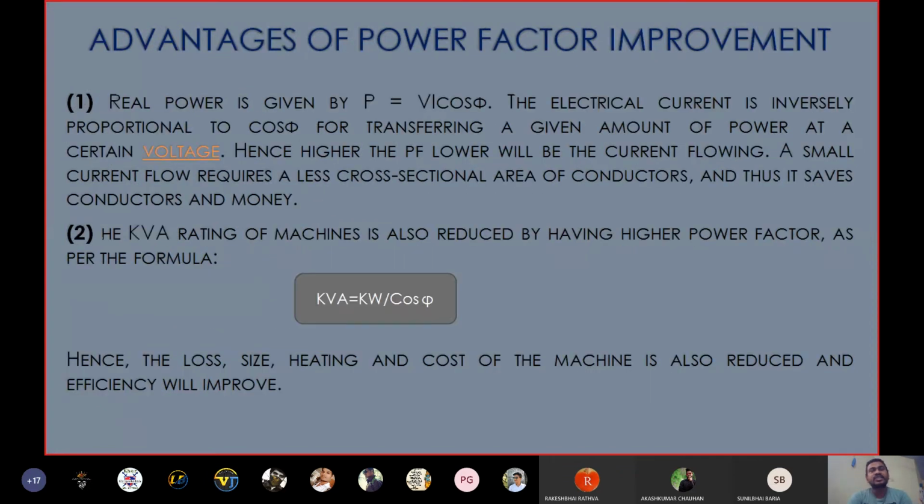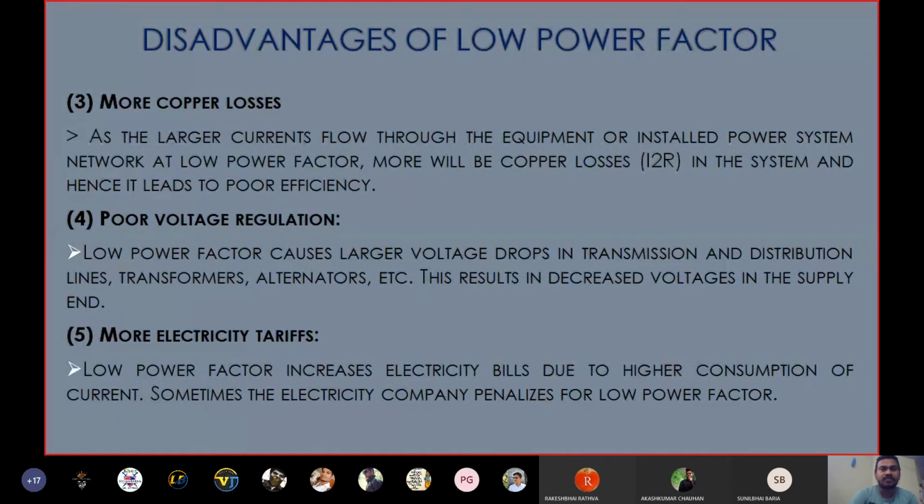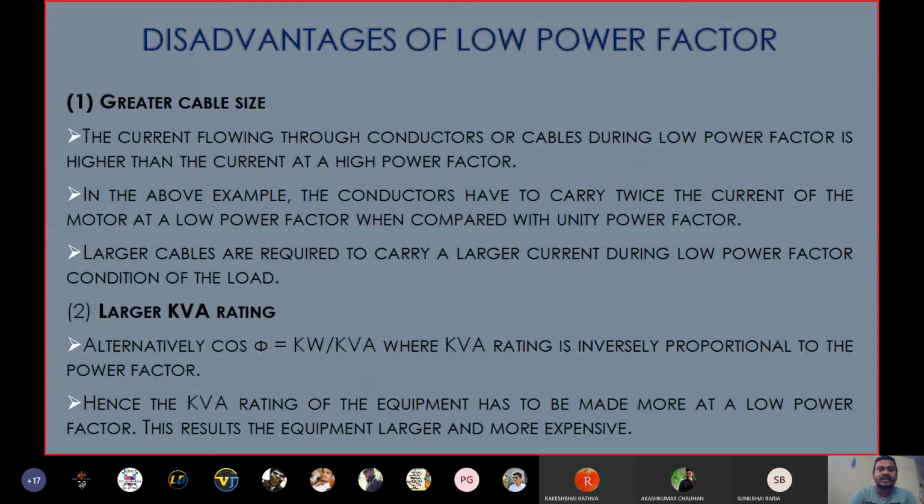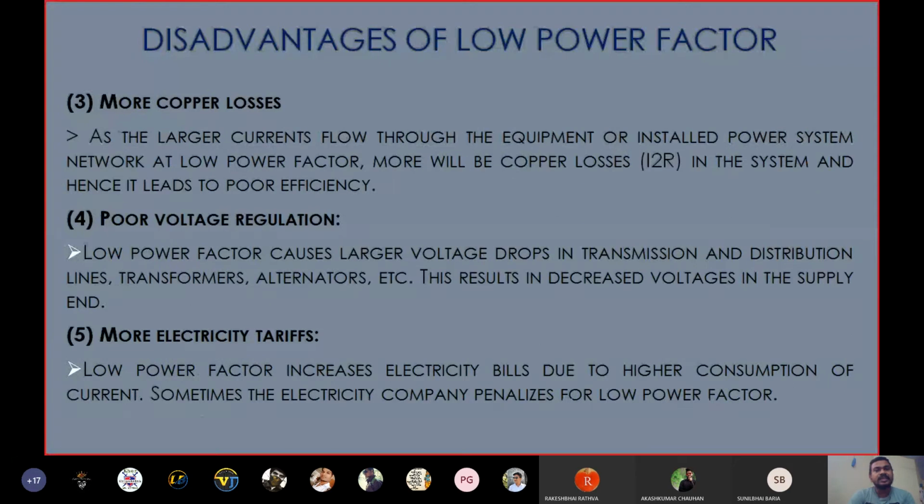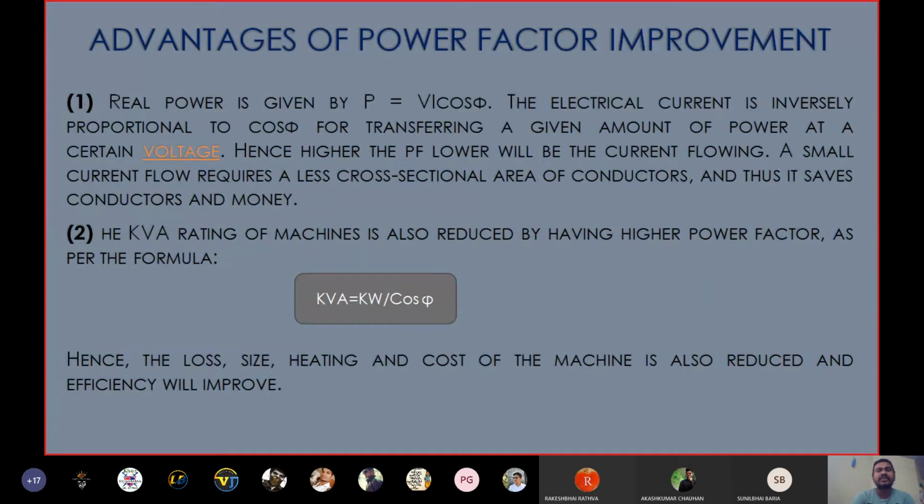So these are the disadvantages of low power factor: the cable size increases, the kVA rating of the machine increases, the copper loss increases, and due to it we get poor voltage regulation and more electricity tariff, and finally the cost increases. So these are the disadvantages.